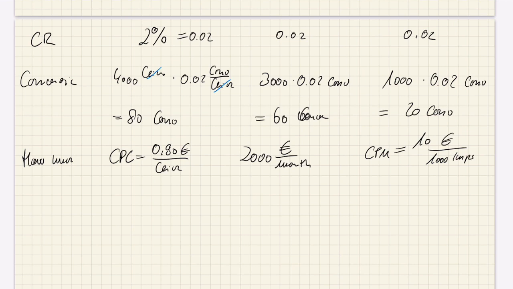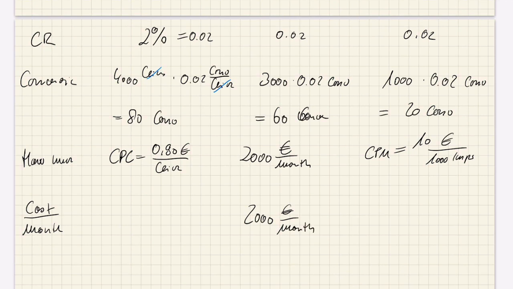So let's first try to calculate how much money we have to spend per month. And these are all monthly figures, so it's quite easy. So what are the costs per month? The easiest one, of course, is this one, because it's already in the right shape.